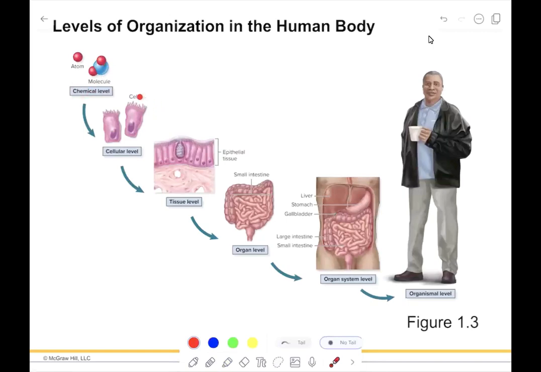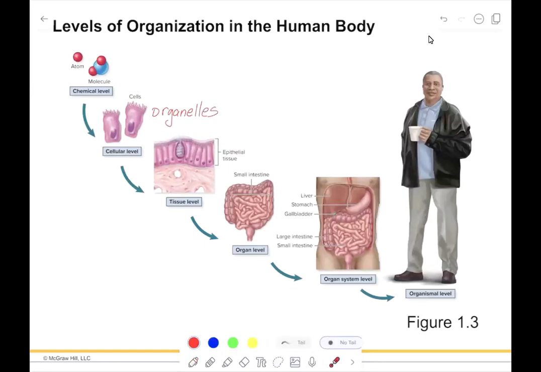The cellular level, this happens to be an example of a cell that we would find in the small intestine. These finger-like projections that you see here are what are called villi. And within the cellular level, there are other structures actually found in the cell, which are called organelles.